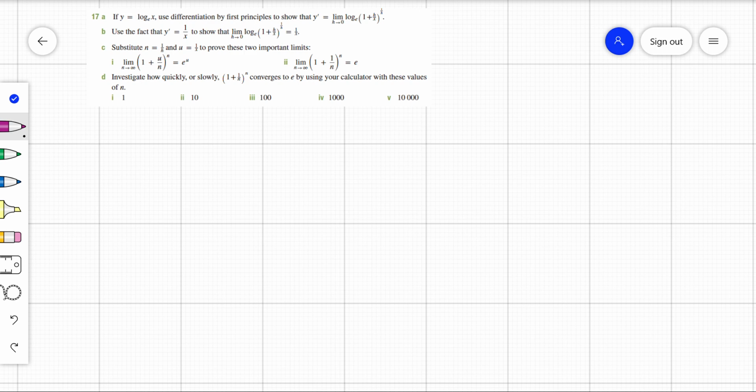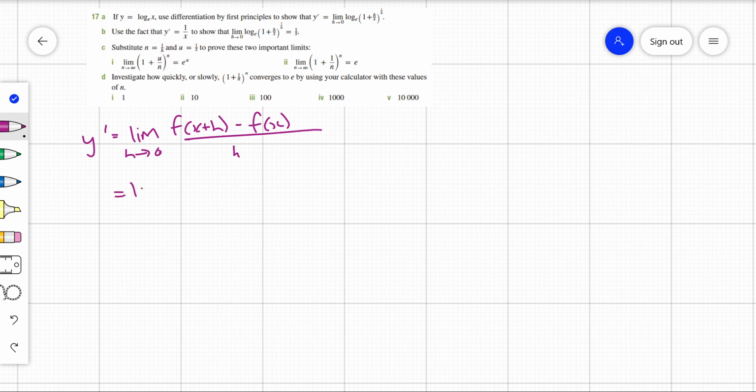Alright, we're going to differentiate by first principles. So remember, by first principles, y dash is the limit as h goes towards 0, h gets really, really small, of f of x plus a little bit, so x plus h, minus f of x, all on x plus h minus x, which is h.